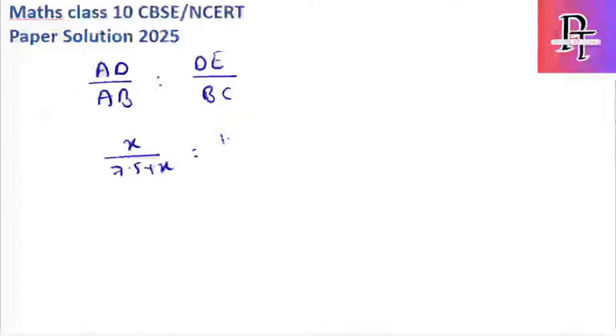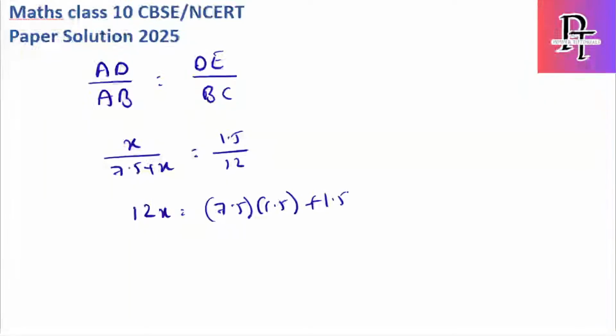So 1.5 by 12. Just cross multiply, you will get 12x is equal to 7.5 into 1.5 plus 1.5x. Okay, 12 minus 1.5, I will get 10.5x is equal to 7.5 into 1.5.